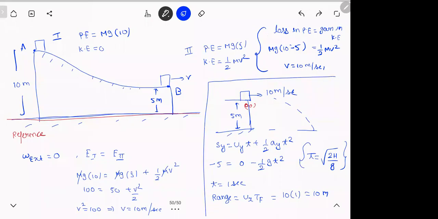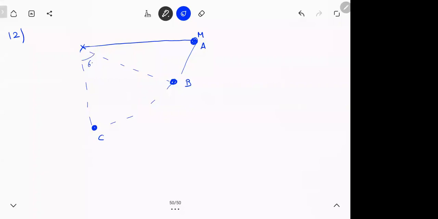Turning the page. This is a good one. Multiple things we'll be doing in this. So we have a pendulum, mass M. So this is position A, this is position B, this is position C. This angle is 60 degree, this angle is 30 degree.